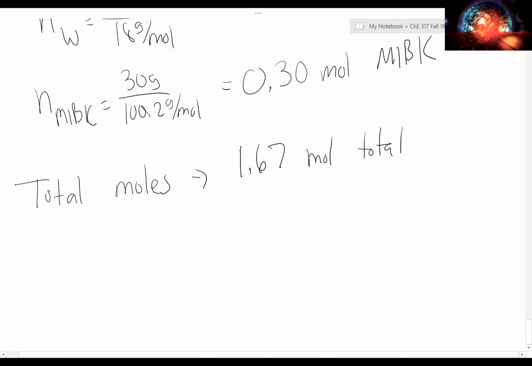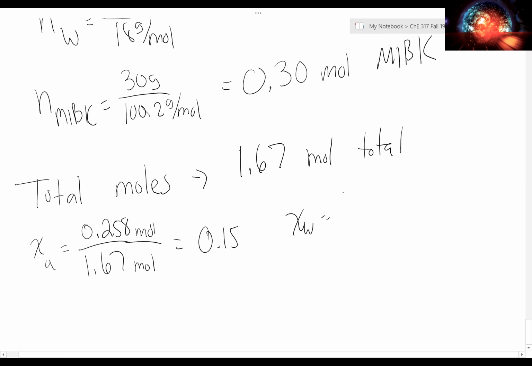So then I could find the mole fractions of each of these substances. For acetone, it would be 0.258 over 1.67, or about 0.15. For water, 1.11 over 1.67, about 0.66.